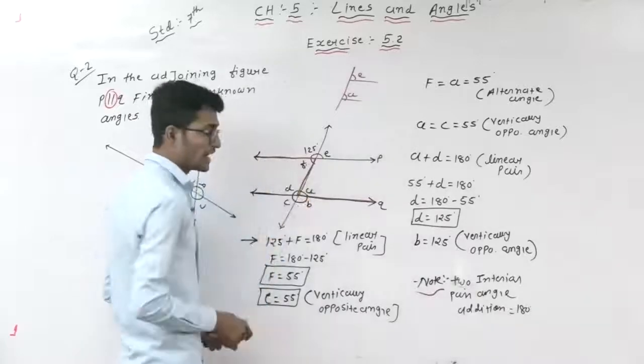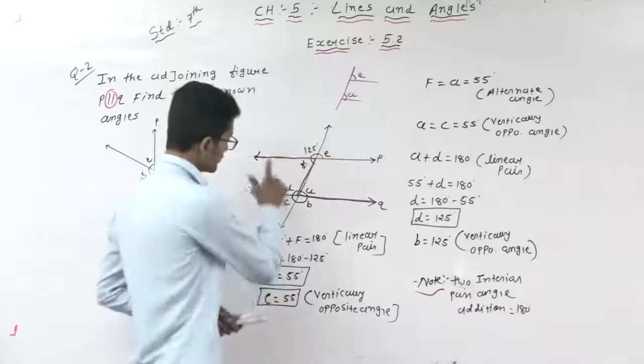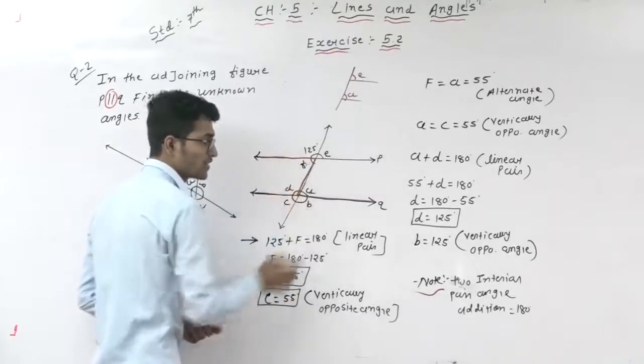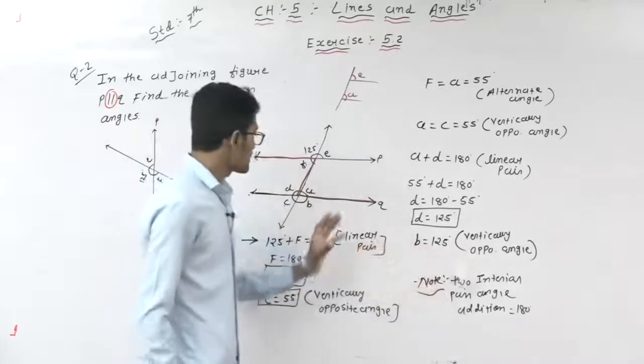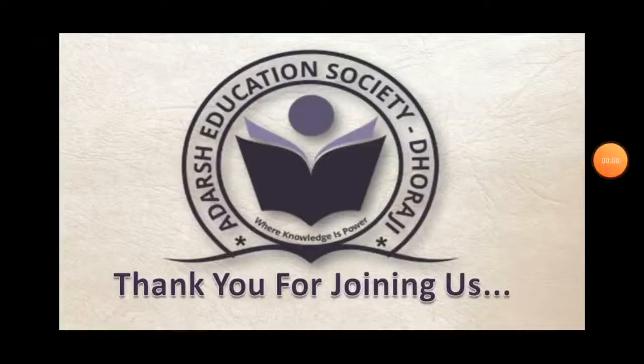This is important, the interior angles pair property, so note it down. The interior angles pair symbol is C. In this one, C, F and D: F is equal to 55, and these two angles' addition is equal to 180. So you can find it this way as well. So understand how to find these types of questions. Okay? Thank you for joining us.